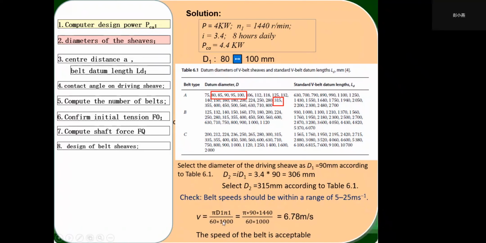And for the speed, n1 is revolutions per minute, and V is per second, so we should transform minute to second, so divided by 60. Okay? So any questions?